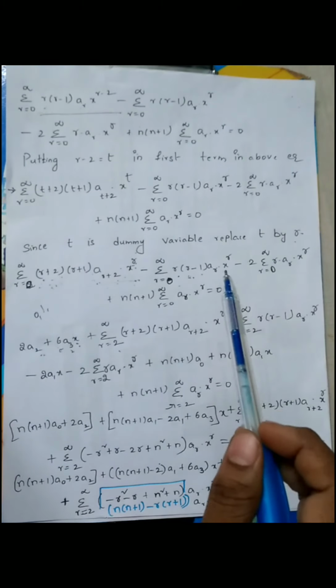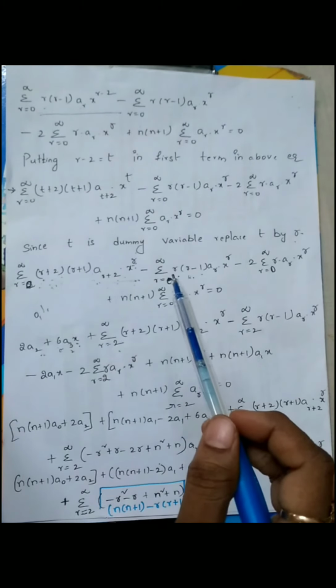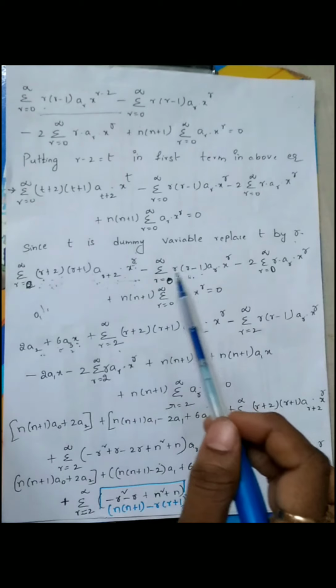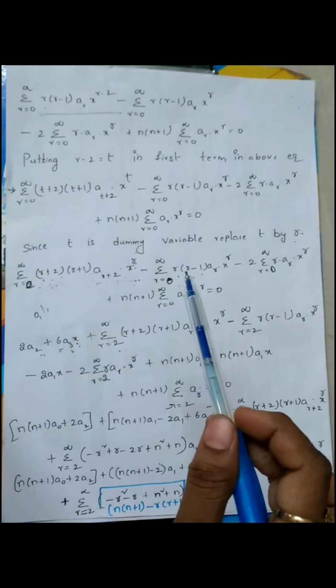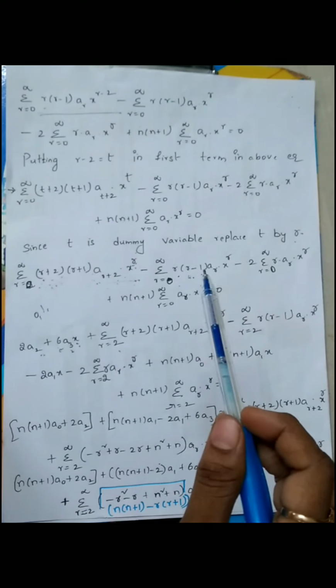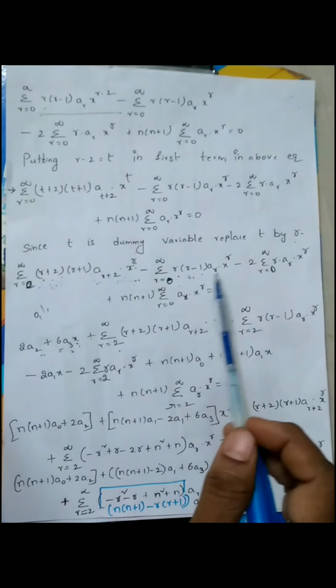So in this term also we substitute first 0. If we substitute r equals 0, this whole term becomes 0. If we substitute 1, then 1 minus 1, again the term becomes 0.